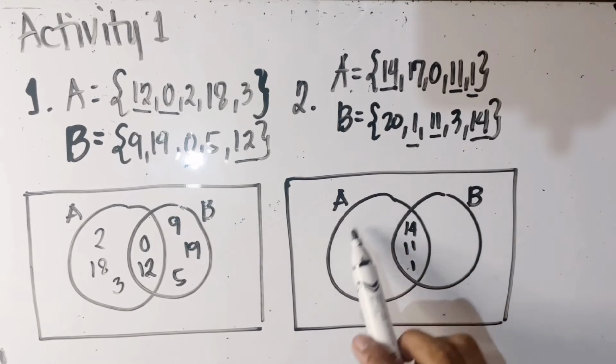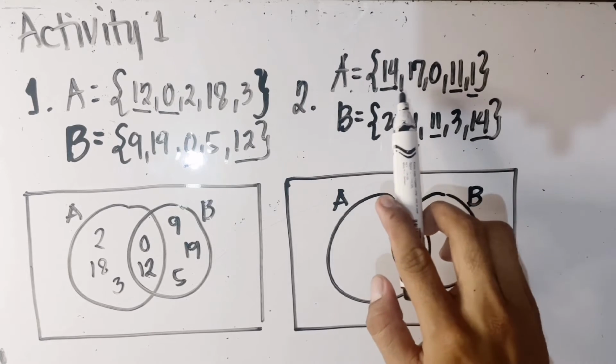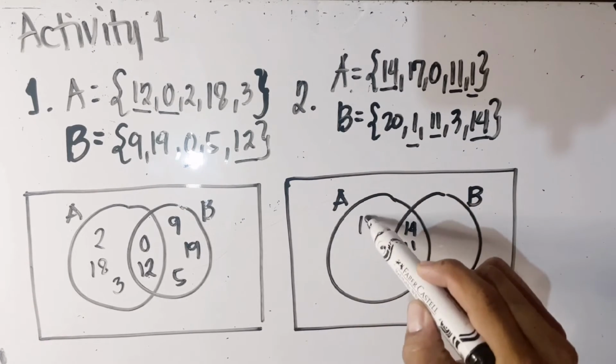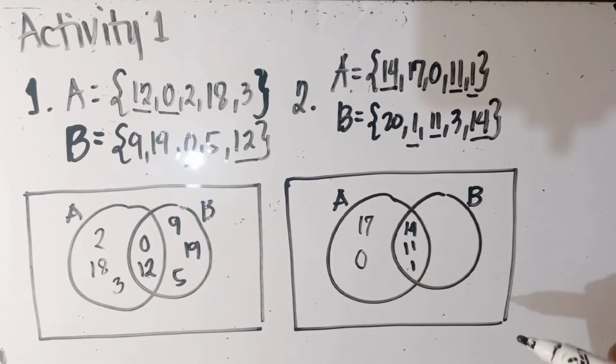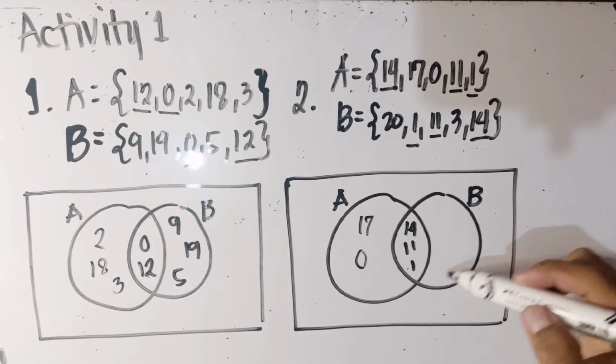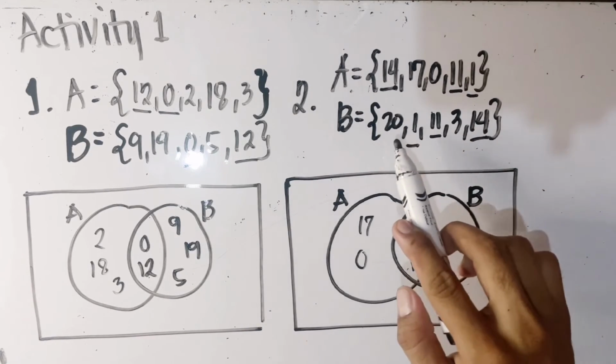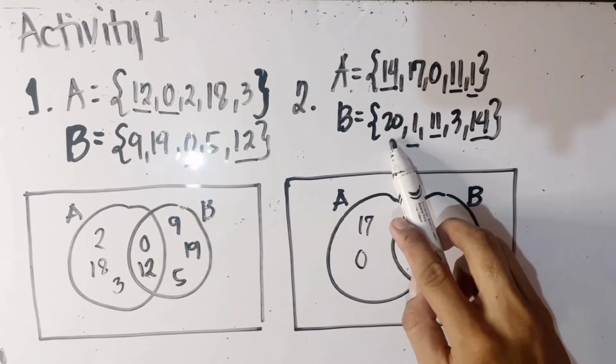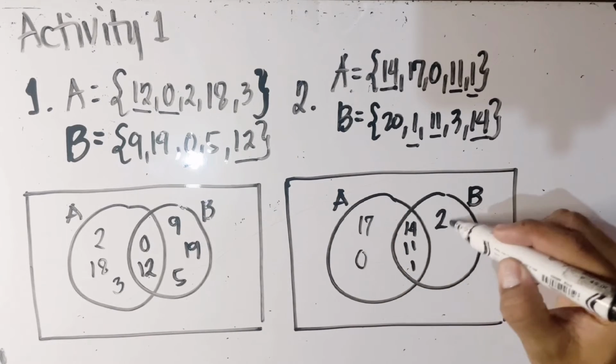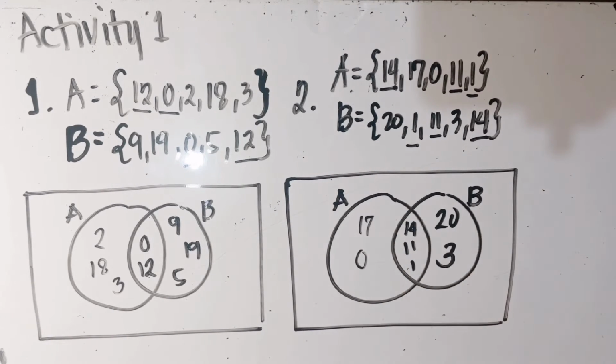And in this part, that is for 17, which is not repeating, and 0. While for this part here, that is the elements for B, that is not repeating, which is 20 and 3. For numbers 3 to 6, kindly do it yourself. Now let's have activity 2.